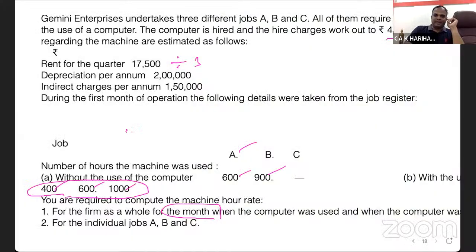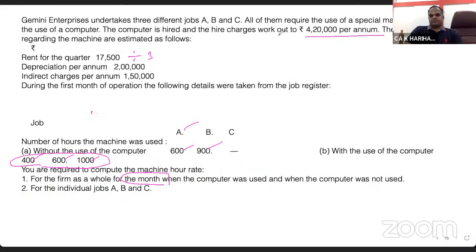Nice question. Because of this doubt only, many of them committed a mistake in the main exam also. Similarly, one more problem, also a past exam question, with the use of crane and without use of crane. Listen here, my dears. Without use of computer, 600 and 900 only. With the use of computer, 400, 600, 1,000. Total number of hours with plus without is equal to 3,500. There is no doubt.